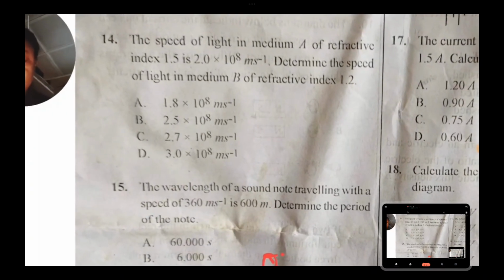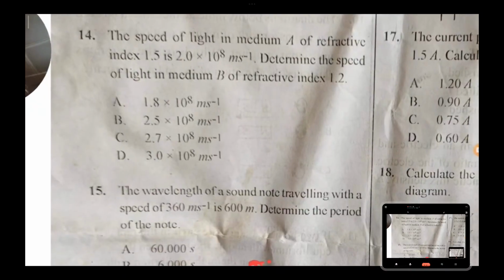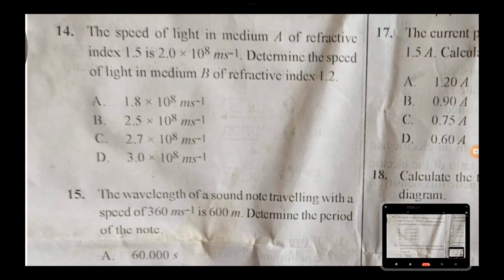Determine the speed of light in medium B of refractive index 1.2. Is that clear? So if you observe this question, what can you say about the given data? We are given the speed of light in medium A, which is velocity. So we have V of A to equal what?